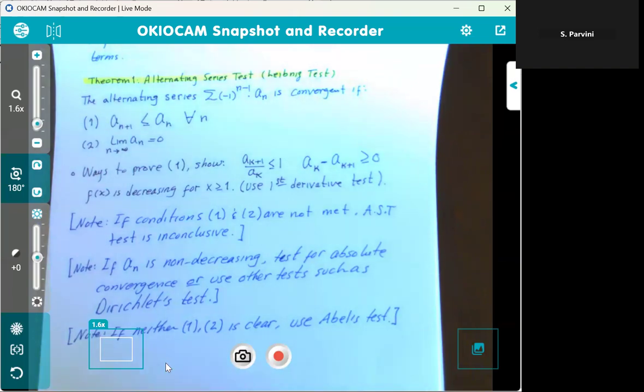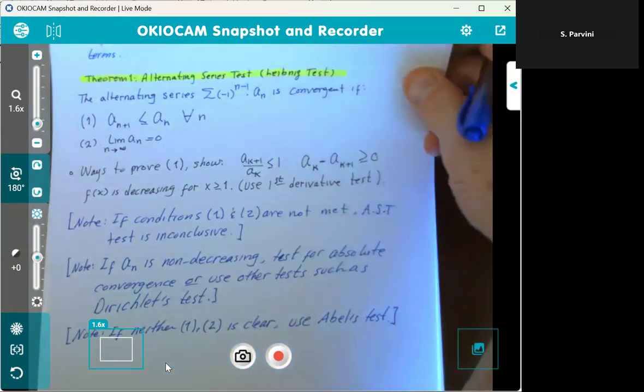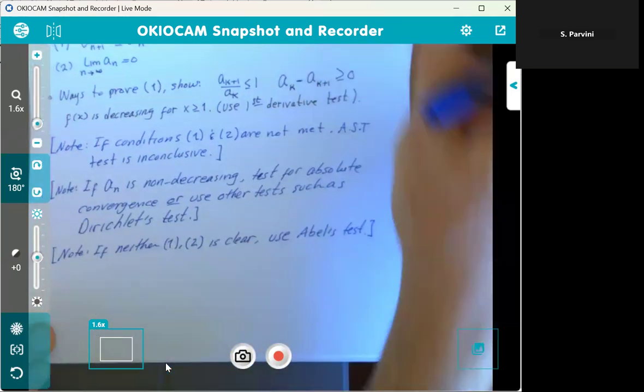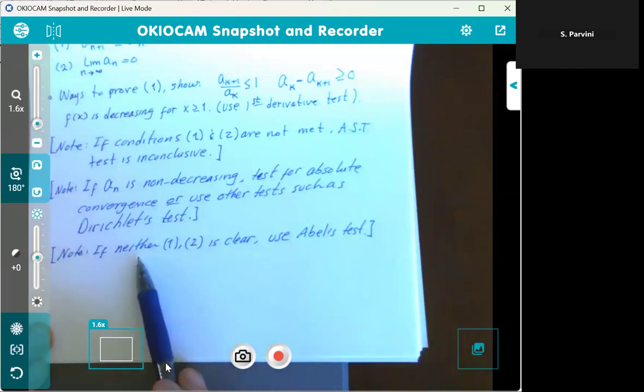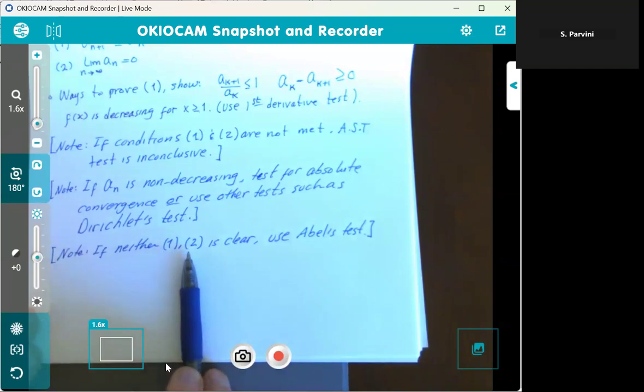The other one is if neither of conditions 1 and 2 is clear, that means I'm not sure how to find the limit, and I'm not sure how to show this series is decreasing because it may be cumbersome or complicated.